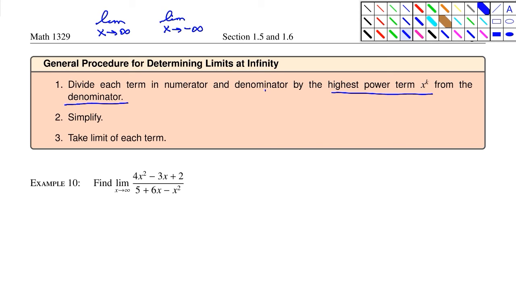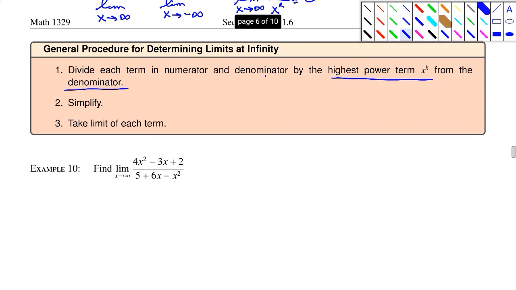It has to specifically be one from the denominator. Then you're going to simplify each of those terms, and then you'll take the limit of each of those terms, knowing that the limit as x goes to infinity or negative infinity of 1 over x to the k, where k is positive, is equal to 0. That's going to make most of the terms go to 0, maybe not all of them, and we'll handle those extra cases as they come up.